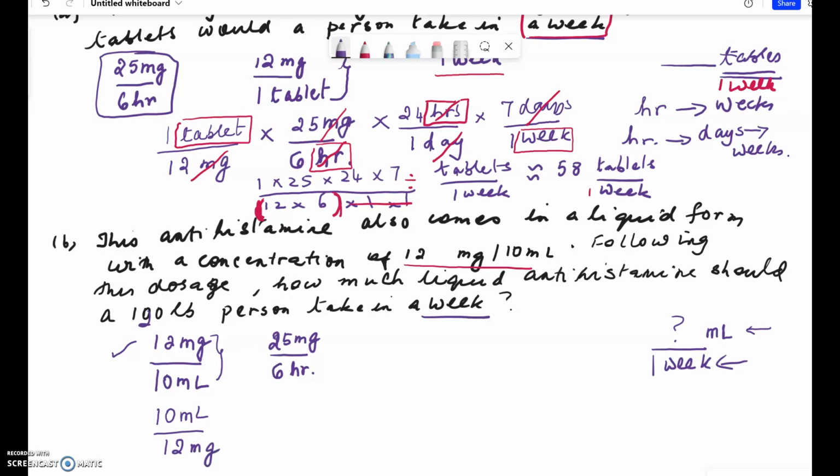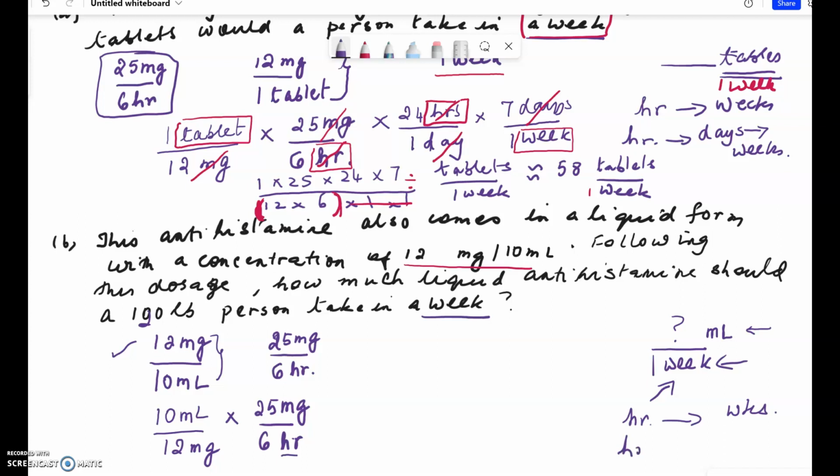We want the milligrams to get cancelled, so we multiply with 25 mg per 6 hours. So the unit of measurement of time is in the denominator, and it is hours. We would like that to be in the denominator, so that's good, except that now we have to change hours to weeks.